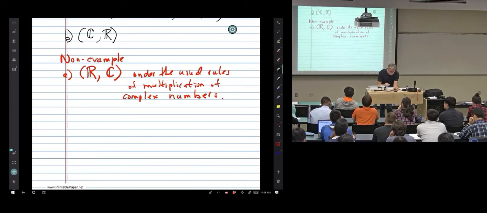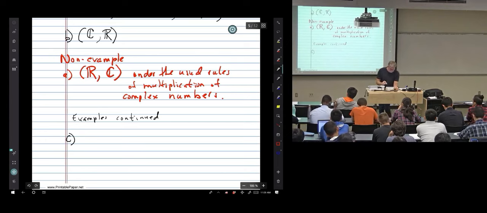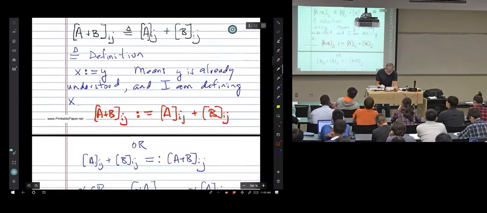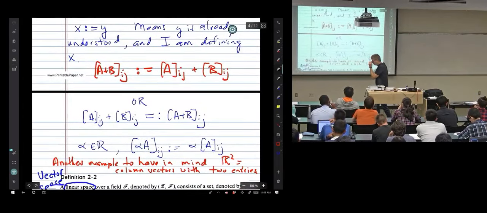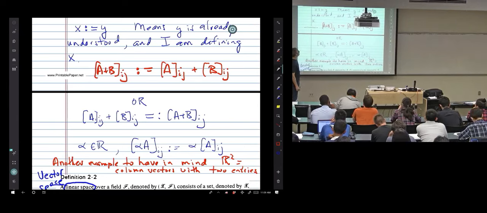So let's do another example. Examples continued. Let me go back and refresh something I did here, because I'm going to do it in a little bit more general context.